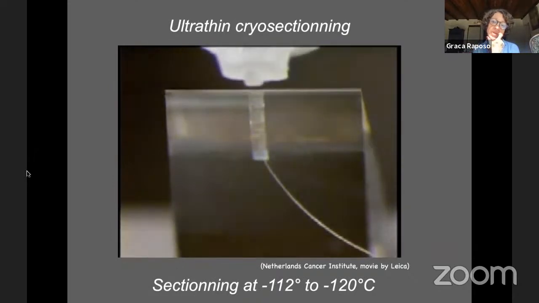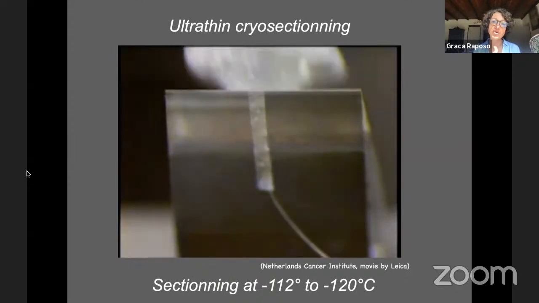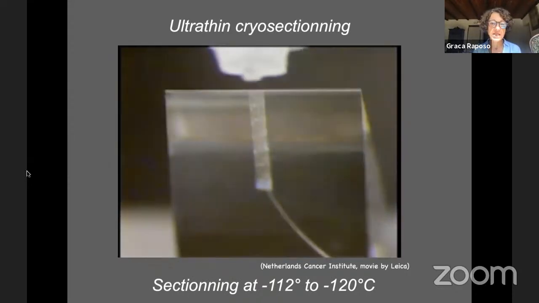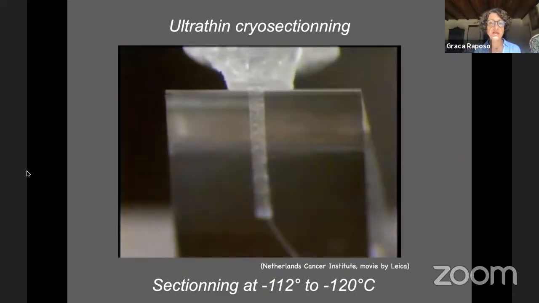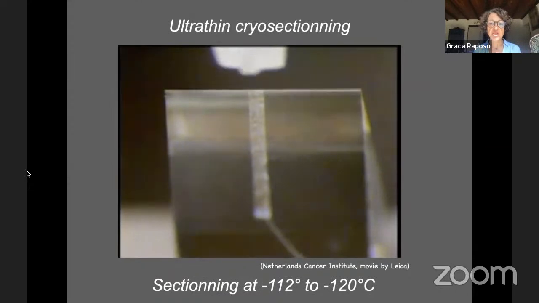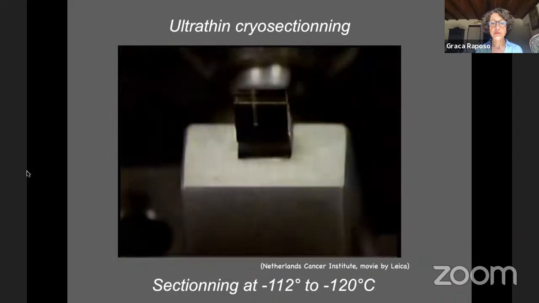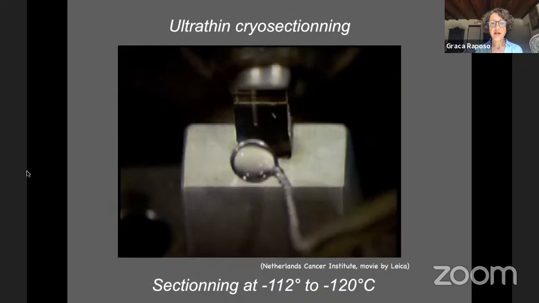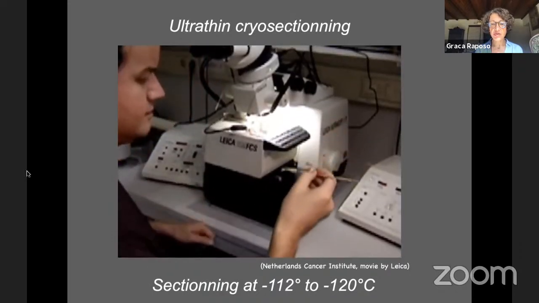As you see here, they are a little bit goldish, and these sections are about 60 to 80 nanometers. It is by the color that we can really appreciate the thickness of the sectioning. Then he collects the sections, and we put them on the grids.